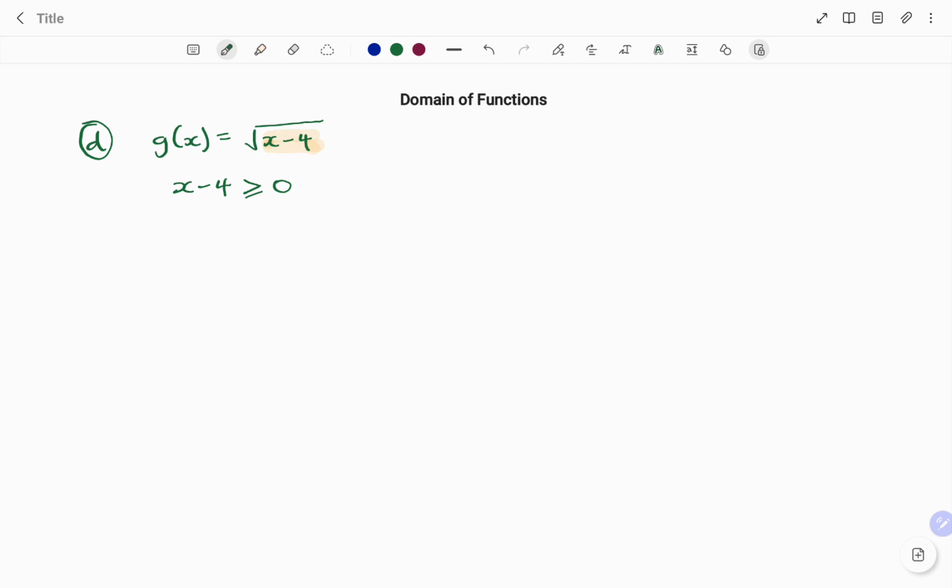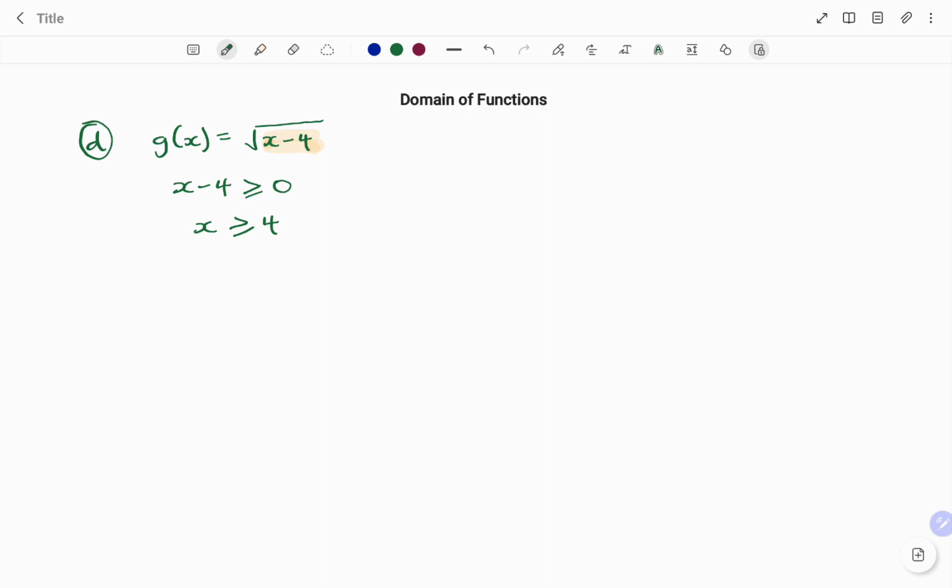And if I move my minus 4 to the other side, I have x must always be greater than or equal to 4. That way, the value under my root is not going to be negative, because if you check, if you have a negative value under your root, that will make it undefined.